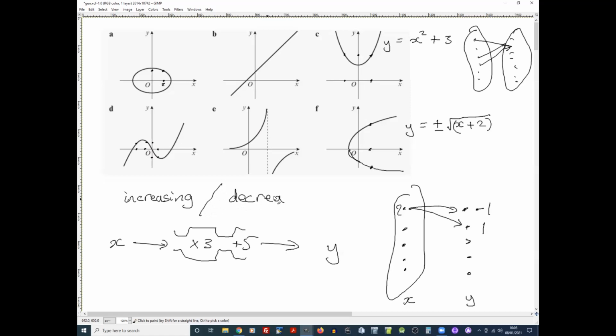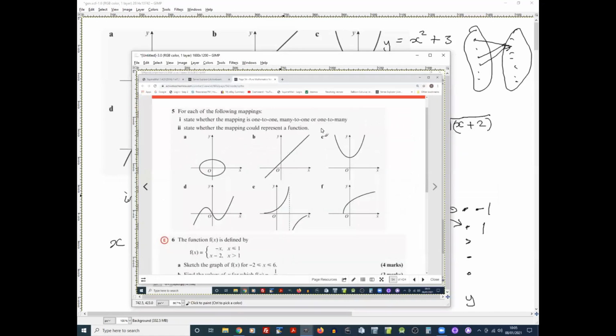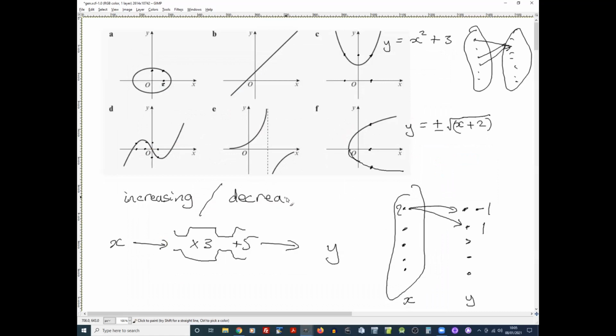Then which of these three classifications have we got? It would be 1 to 1. So 1 to 1, if it's increasing all the way, or decreasing all the way. If it's not, then it's got to be 1 to many or many to 1.